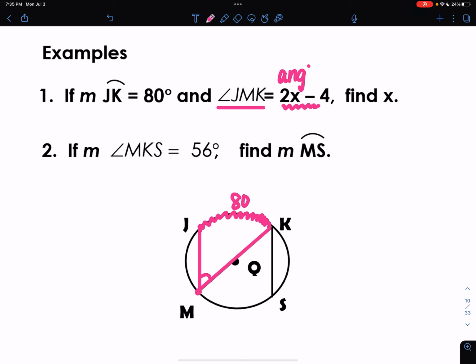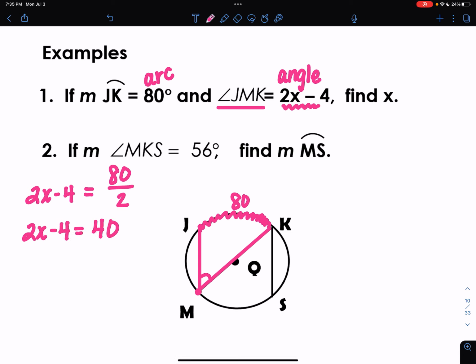This represents the angle, and 80 represents the arc. So we know the angle, 2x minus 4, is equal to the arc, 80 divided by 2. So that means 2x minus 4 equals 40. So 2x equals 44. And that means our x value is 22.